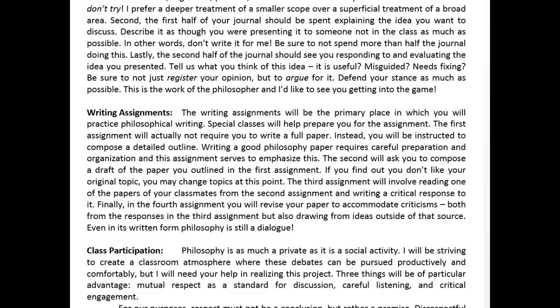I'm going to be trying to set the expectations as clearly as possible in terms of what a good philosophy paper looks like. I'm going to have a writing guide that I will send you that gives you a step-by-step procedure for how to go about tackling a project of this magnitude. And the assignments themselves are designed to support you in that process of figuring out how to do this thing.